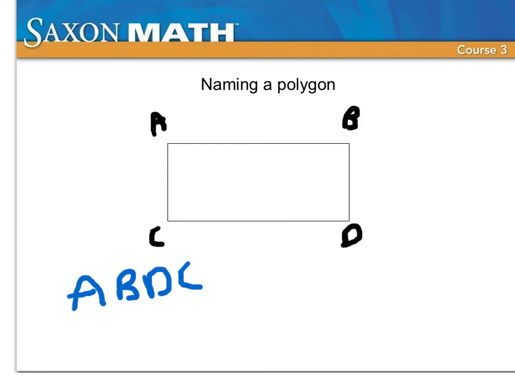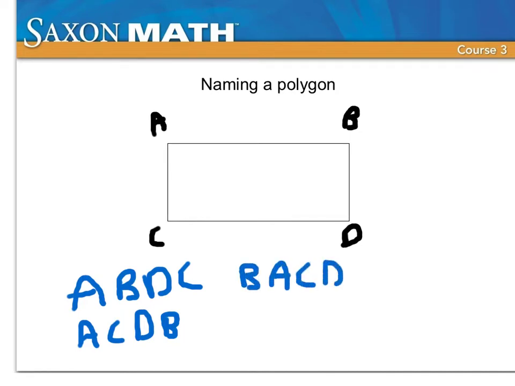I could start at A again. Instead of going to B, I could go to C. So I could name this polygon AC, and then go from C to D, and then from D to B. So ACDB. I could start at B, and go to A, and then to C, and then to D.